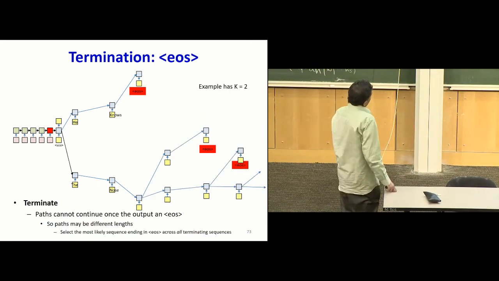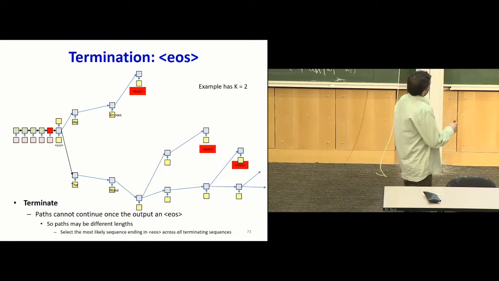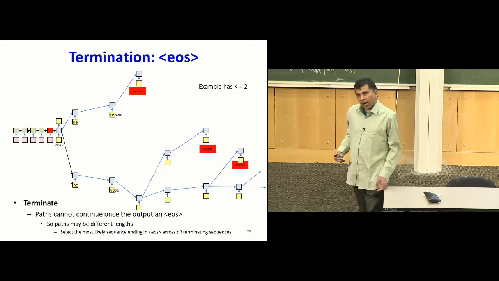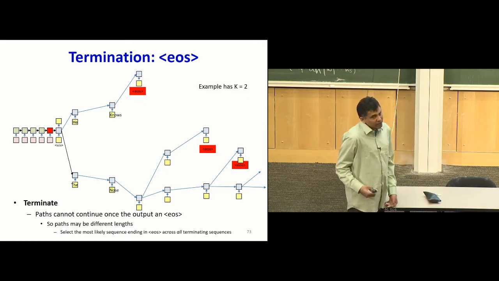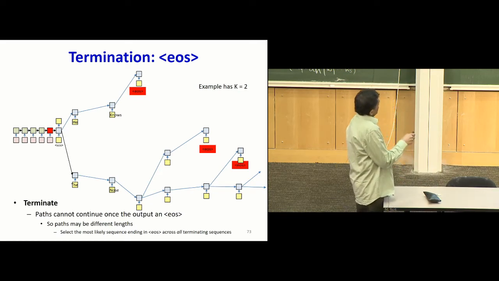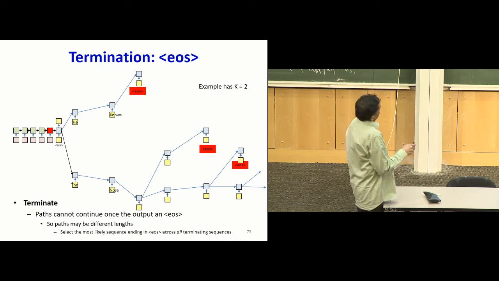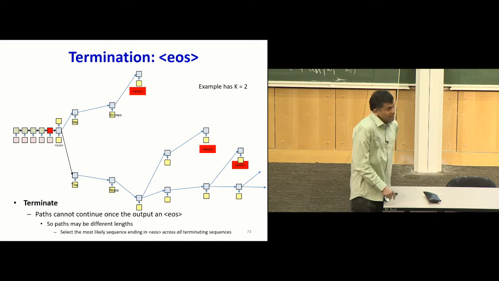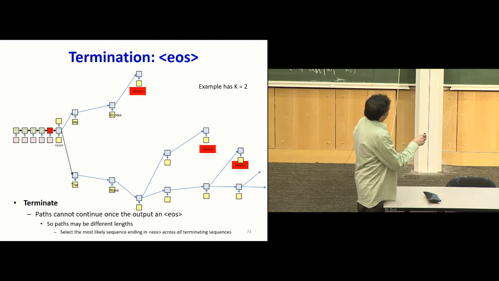Now, one little thing to watch out for is that because the end of sequence marker is itself part of the vocabulary, you might find, for example, that over here the end of sequence marker is in the top k, but it's not the top 1 position, which means that although this sequence survived until here, the most likely sequence was this guy.